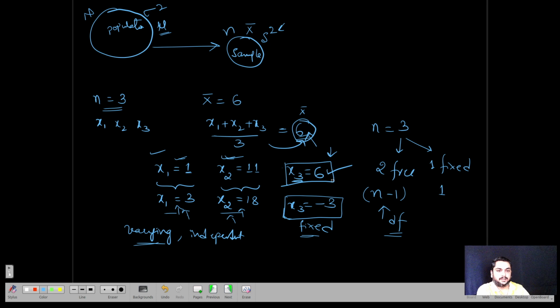When you calculate some value from the sample, n minus 1 can vary, but one I have to fix to match what I am calculating. Because when I estimate something, I need to fix one variable so that I get that value. Otherwise, it will lead to some wrong estimation.